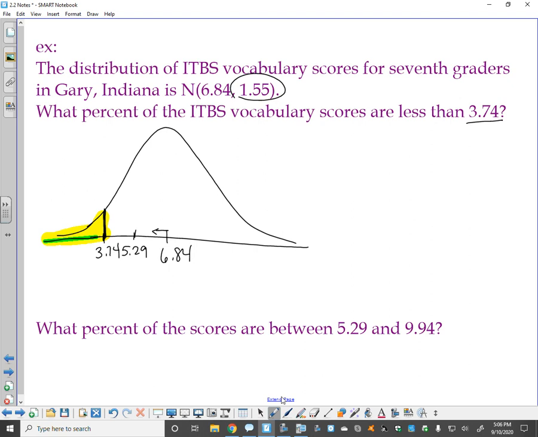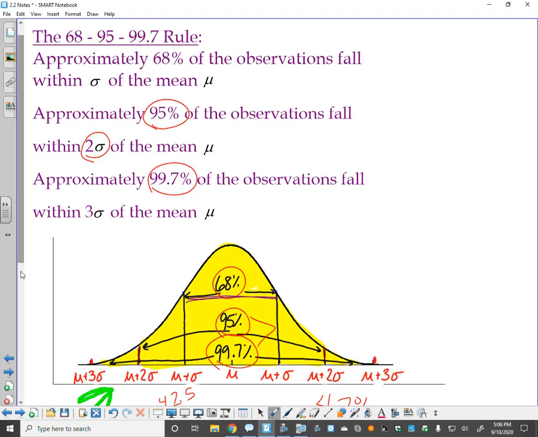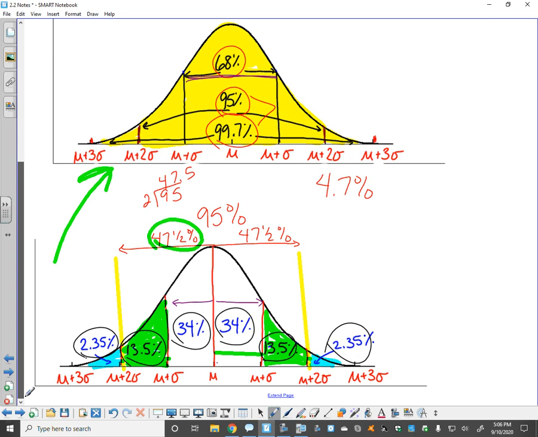I can look at these numbers and I can see that I'm here. So I know from 2 standard deviations below to 3 standard deviations below, I'm 2.35. But that doesn't carry me all the way out. I need to get to 100%.